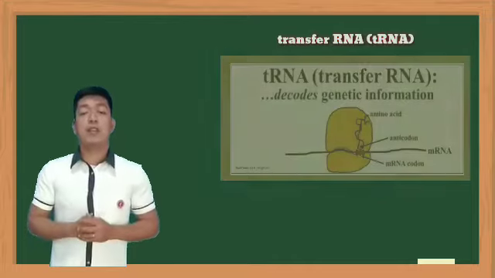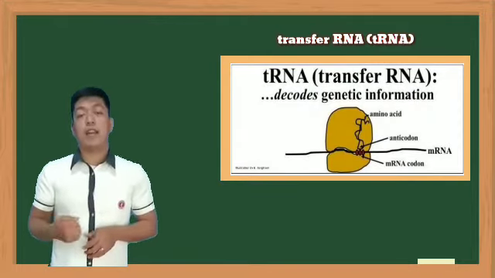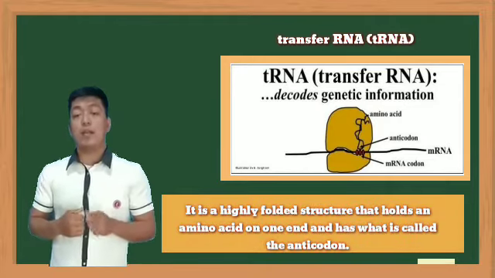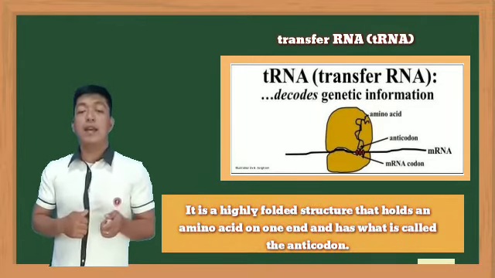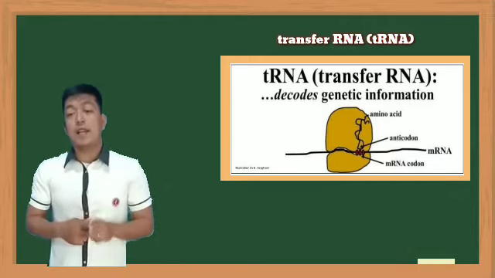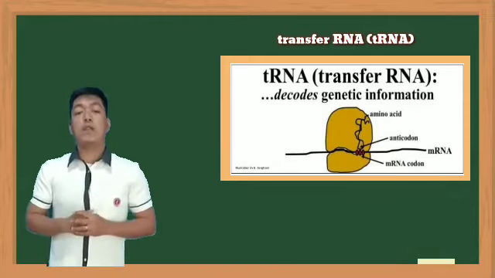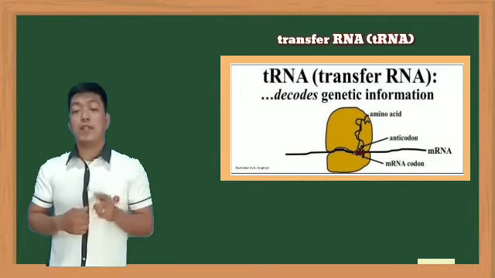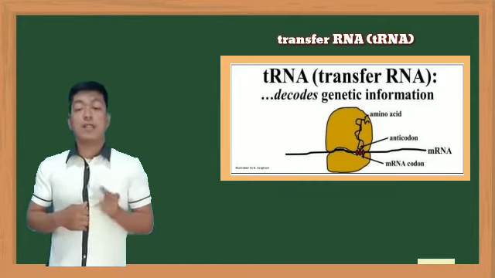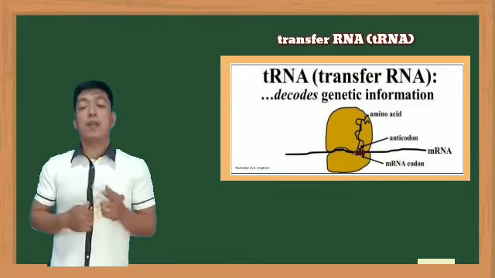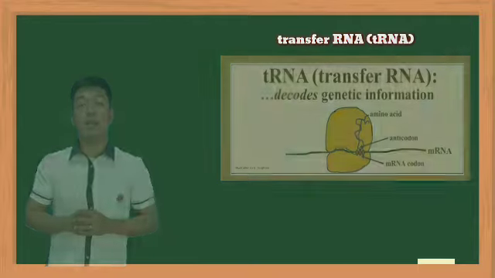Lastly is the transfer RNA or tRNA. It is a highly folded structure that holds an amino acid on one end and has what is called the anticodon. It is an adaptor molecule composed of RNA, typically 76 to 90 nucleotides in length, and serves as the physical link between the mRNA and the amino acid sequence of protein.